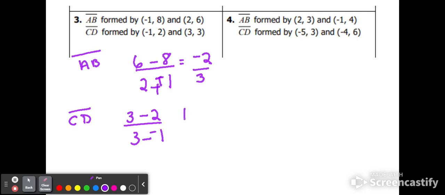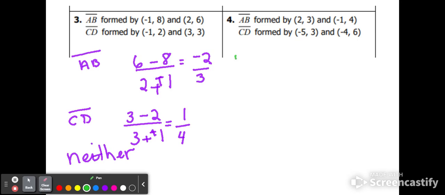Here we're going to have 1. Here we're going to have 4. Now, it did say that we could have neither, and so this is an example of neither. These are not the exact same, and they're not the reciprocal. So for this one, we are just answering that they are neither parallel or perpendicular.